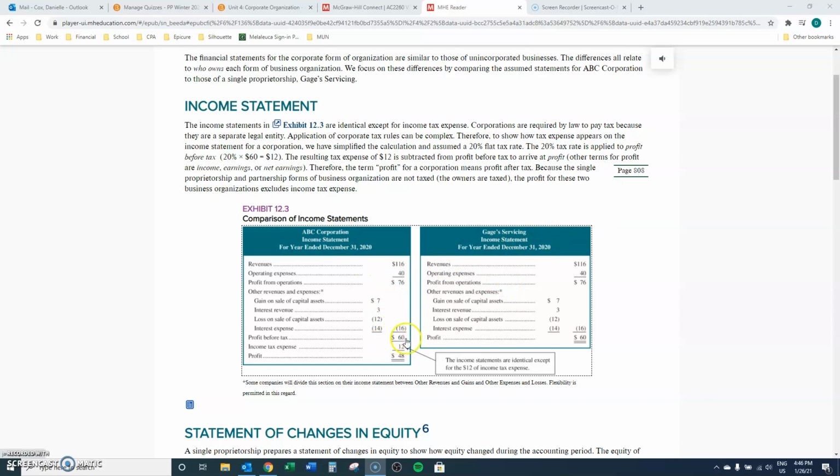It's the same right down to the profit. But whereas a sole proprietorship would stop here because the profits are taxed in the hands of the owner, the corporation has to pay its own tax. So it's profit before tax, then there's the income tax expense to get the net profit.